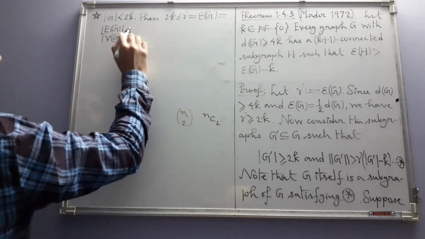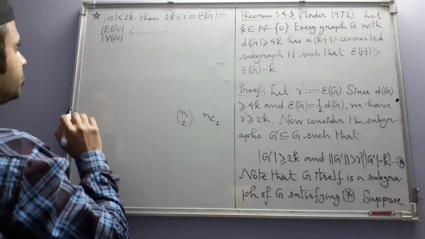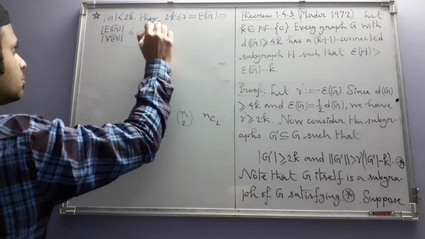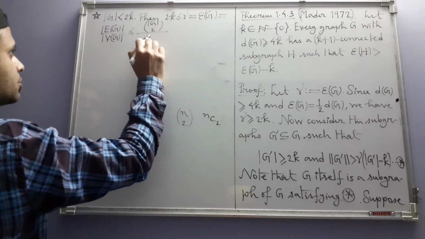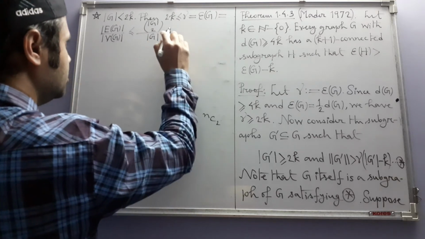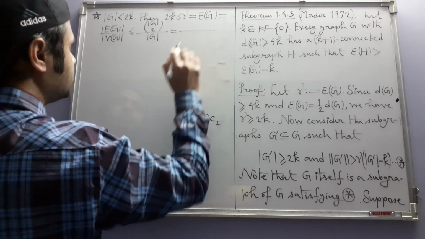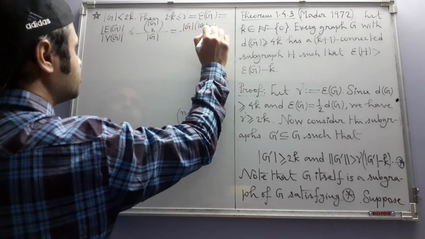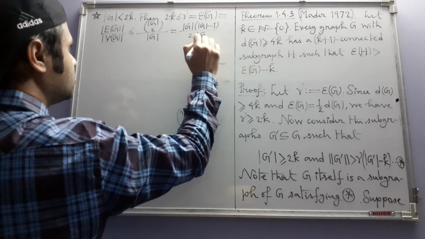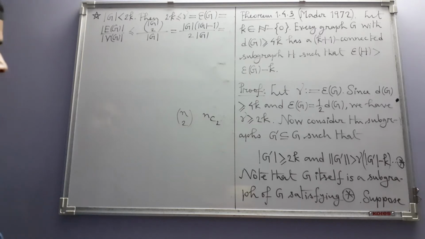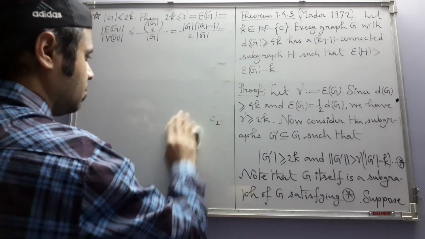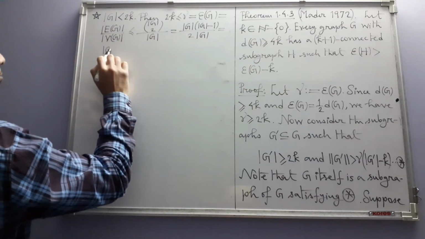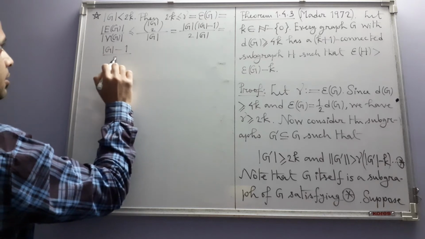So the numerator is less than or equal to order of G choose 2, and the denominator is also the order of G, so this is order of G times order of G minus 1 divided by 2 times order of G. So this becomes order of G minus 1 divided by 2.